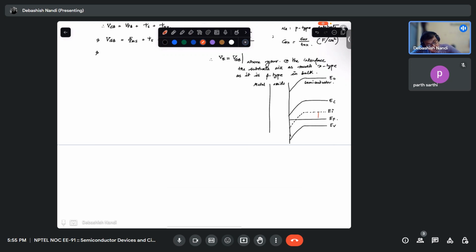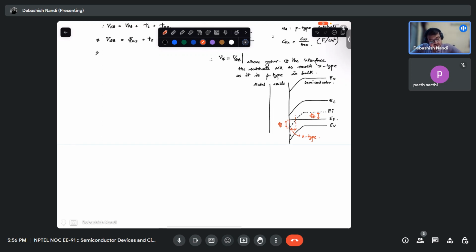So if we call this quantity phi f and this quantity also phi f, you see that beyond this it is n type, right? Because your EF is over EI.